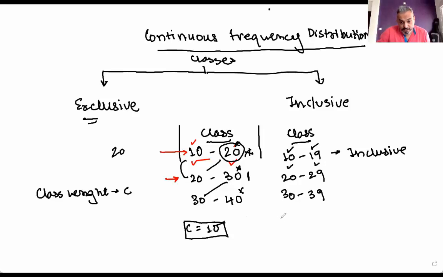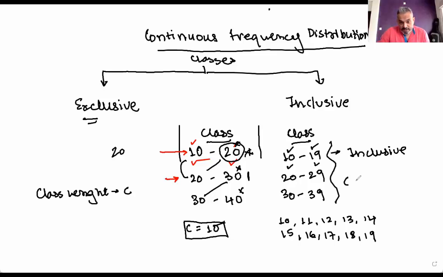So for that we count: 10, 11, 12, 13, 14, 15, 16, 17, 18 and 19. So how many numbers are included over here? 1, 2, 3, 4, 5, 6, 7, 8, 9, 10. So here also class length is equal to 10.